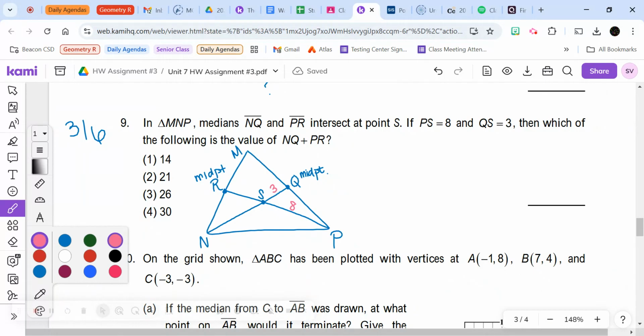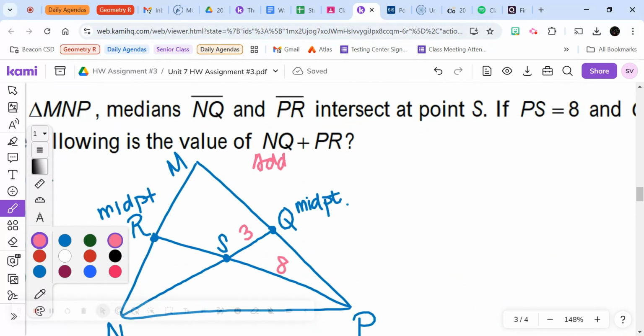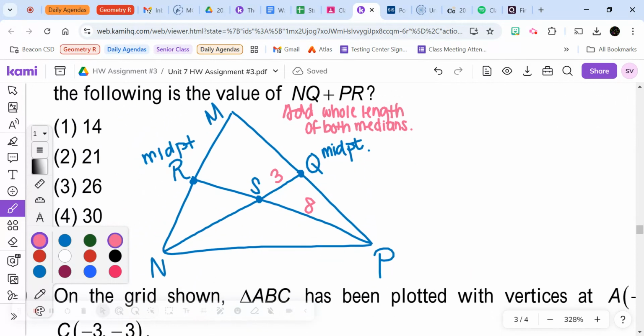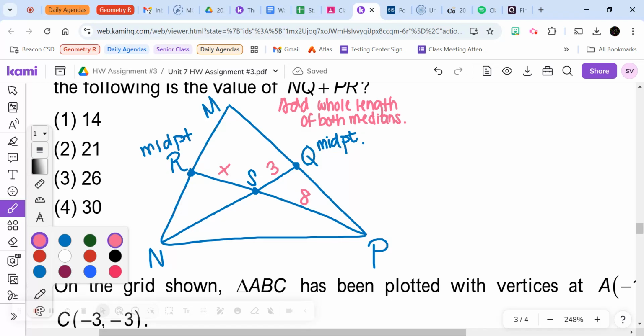So NQ plus PR, that's adding the whole lengths of both medians. So you guys are going to have to figure out what RS is and NS.